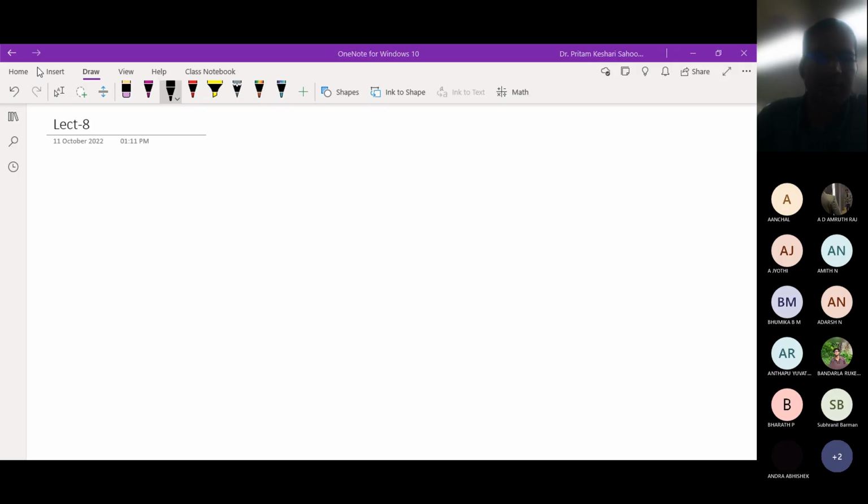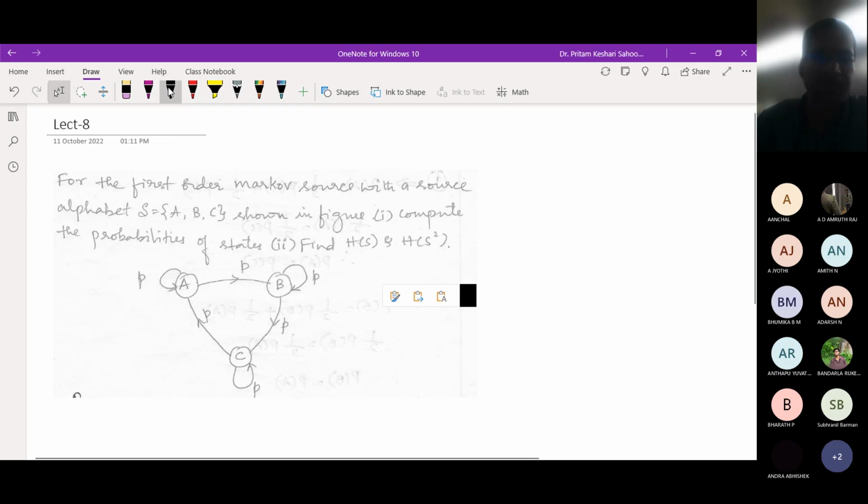So the example is given as this. For the first order Markov source with a source alphabet A, B, C. Okay, so there are three.